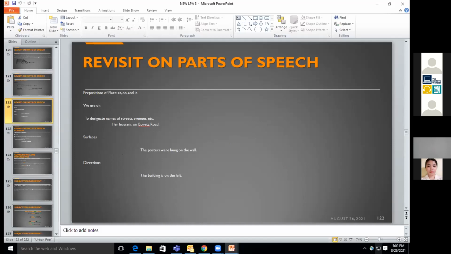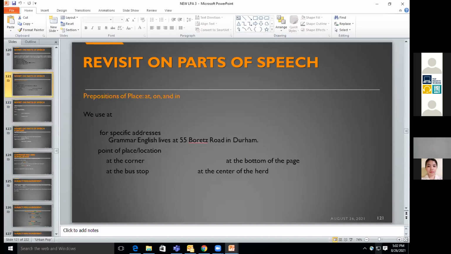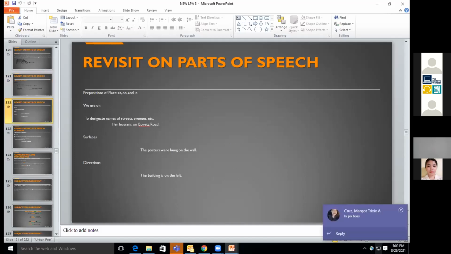Next, prepositions of place. Again, we use on to designate names of streets, avenues, etc. Her house is on Boretz Road. Okay. See the difference: with at there's a specific place, okay, but with on you just say her house is on.